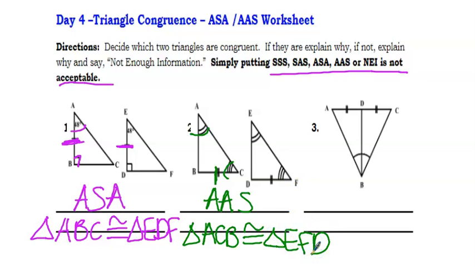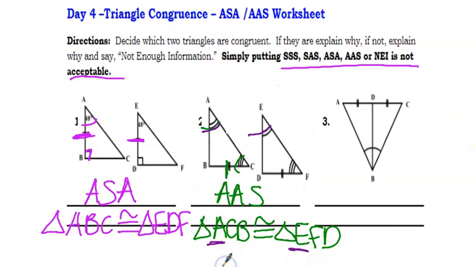Again, if you had it in a different order, that's fine, but as long as A goes with E, you see that those go together. The C goes with the F, looking at that angle. And then you have B going with D, which would be your last angle.